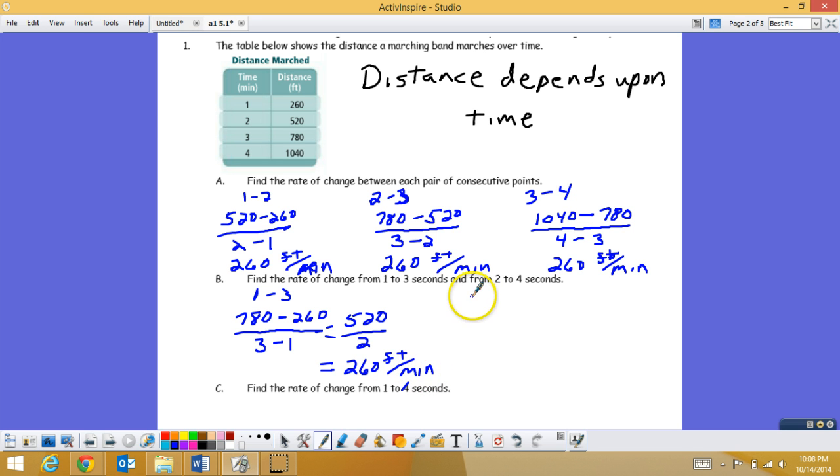And then from 2 to 4, we're going to take the distance at 4, which is 1,040, and subtract the distance at 2, 520.